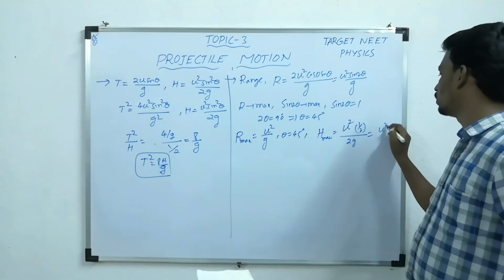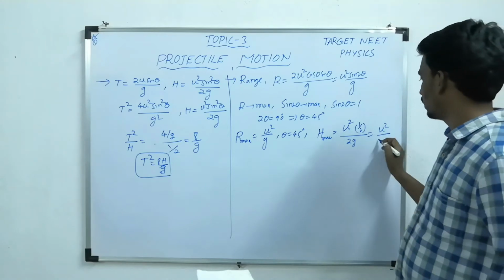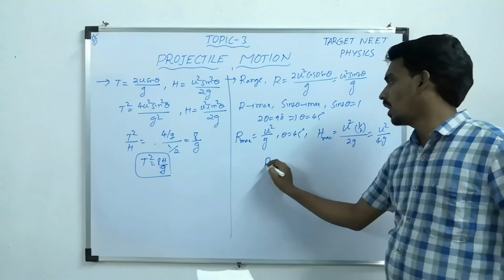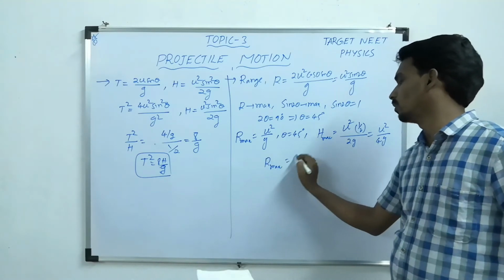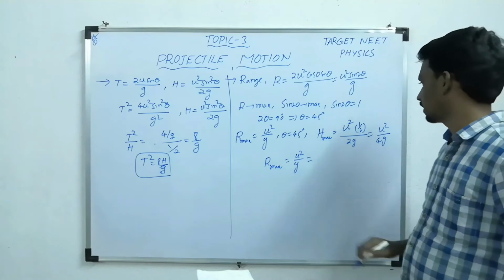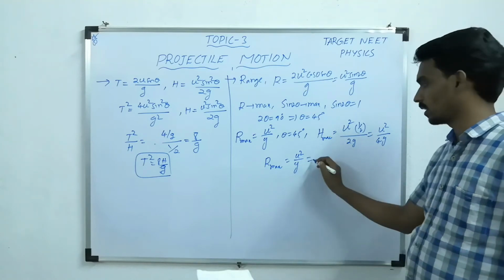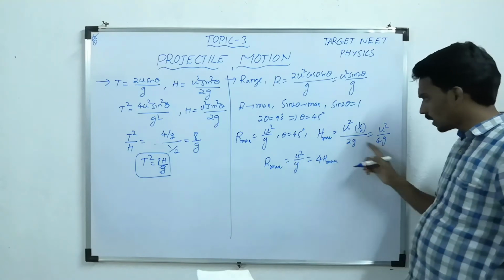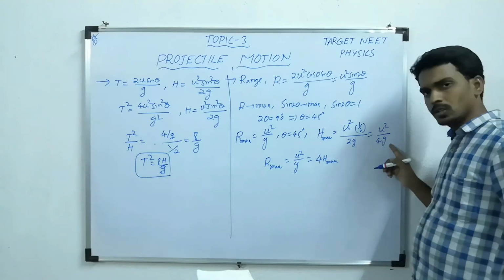So it will become u square by 4g. So R max equal to u square by g equal to 4, you bring this side, nothing but 4 h max, because if you take 4 this side, it will become u square by g.